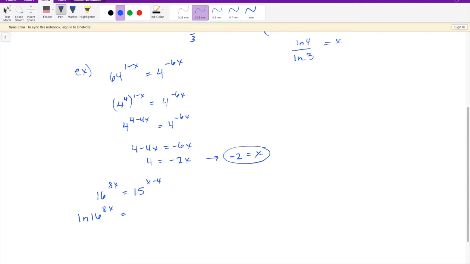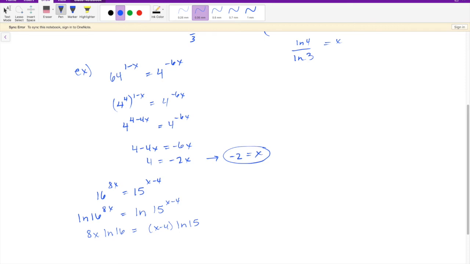Okay, so natural log of that side, natural log of this side. So now we can bring those exponents down. So 8x natural log of 16 is equal to, don't forget to keep that exponent as one number, so put it in parentheses, natural log of 15.